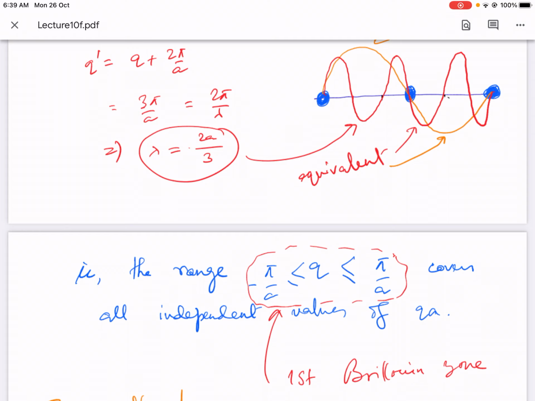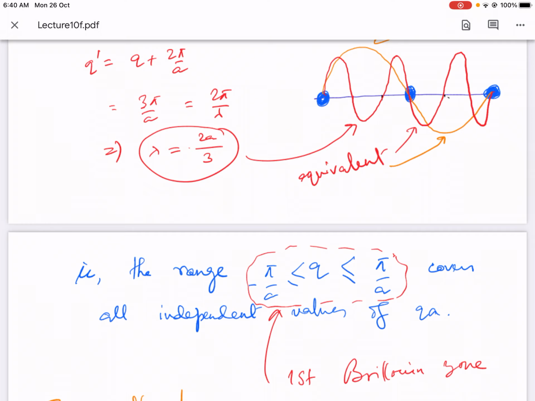What we see here is that the lattice vibrations for different q values, which are separated by 2π by a, can all be described by the relationship between omega versus k within the region from minus π by a to plus π by a.